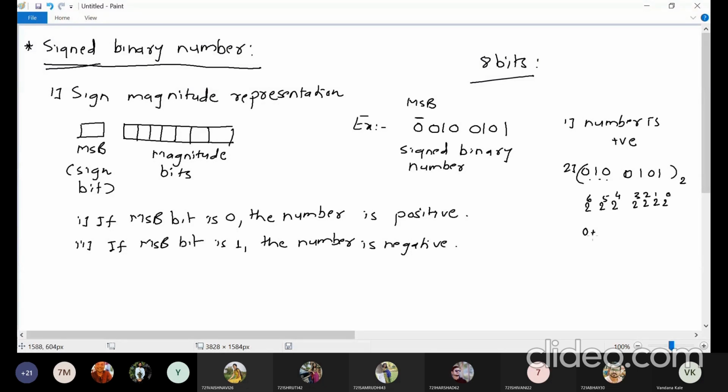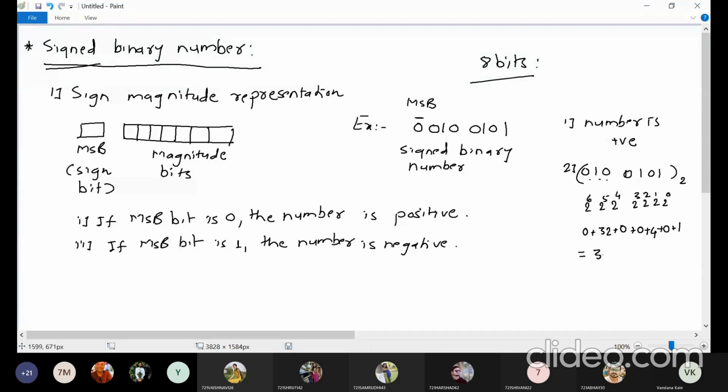Here the bit is 0. What is 2 raised to power 5? It is 32. Again this bit is 0, so here it will be 0. Plus 2 raised to power 3 multiplied by 0, the result is 0. 2 raised to power 2 multiplied by 1, the result is 4. 2 raised to power 1 multiplied by 0 is 0, and here it is 1.